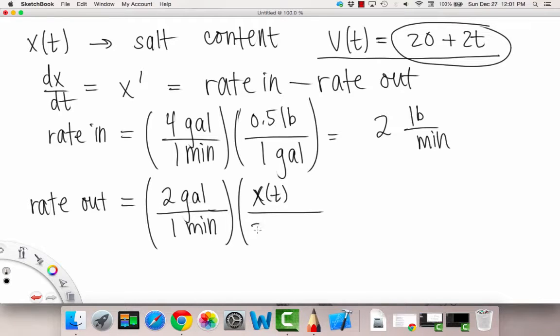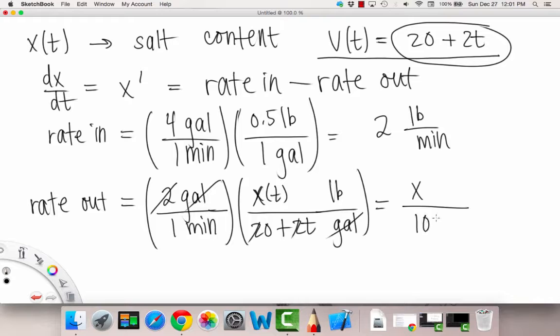So we plug in that 20 plus 2t. This is given in pounds per gallon, so the gallons cancel out, and we can cancel out 2's everywhere. So we get x over 10 plus t, and this is pounds per minute.